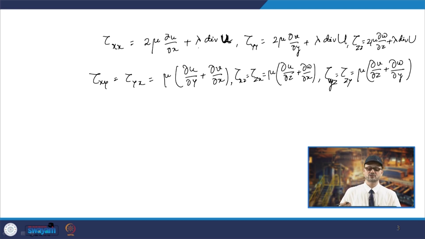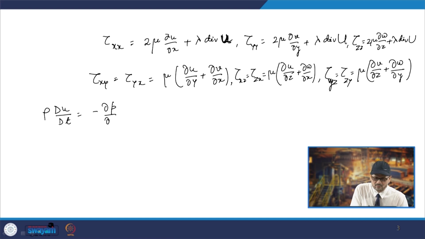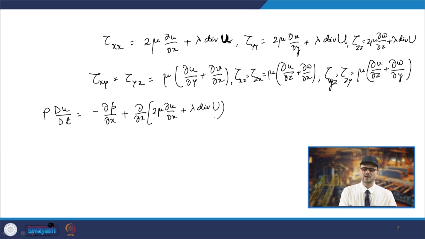So, when you substitute, what happens? Suppose you take the x momentum: it becomes dou u by dou t, then the first term, minus dou p by dou x, as usual. Now we have dou by dou x of tau xx, which we know is 2 mu dou u by dou x plus lambda div u. This is the first term.